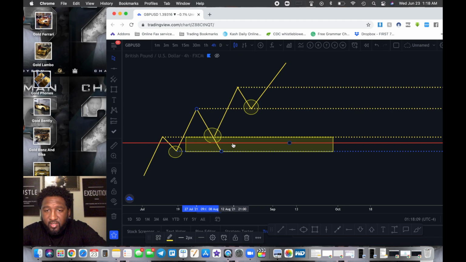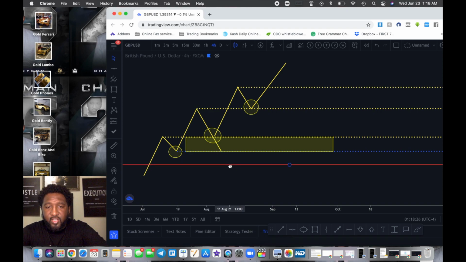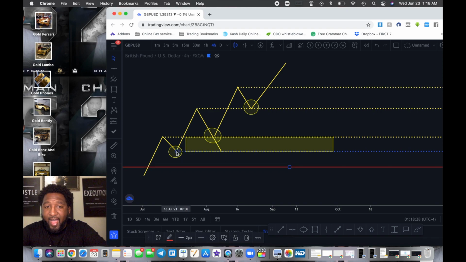So if you're putting your stop losses below this area right here, that's why your stop loss is constantly getting hit. See, if you understood that this whole entire zone is a potential entry area, and you moved your stop loss below this last low, guess what? You give yourself a significantly higher chance of catching this buy in this uptrend.